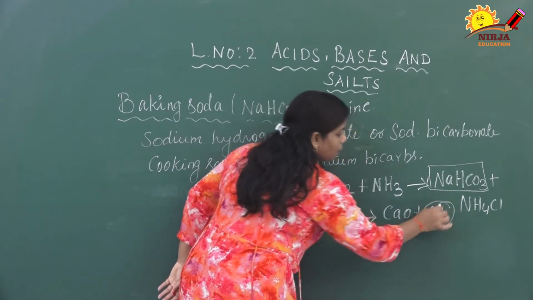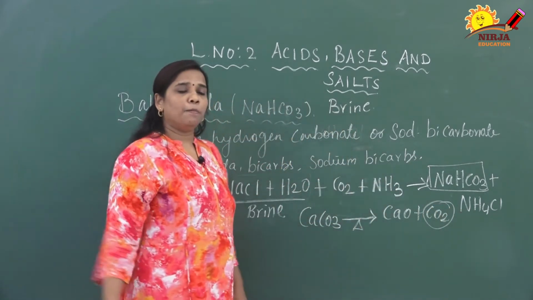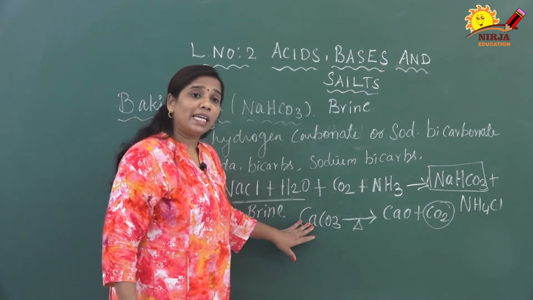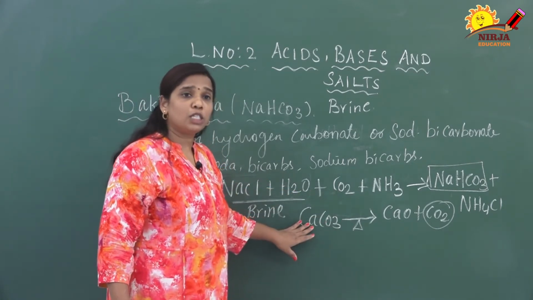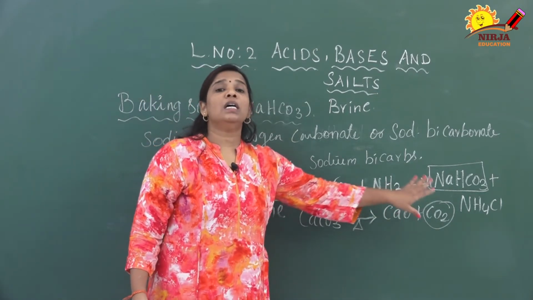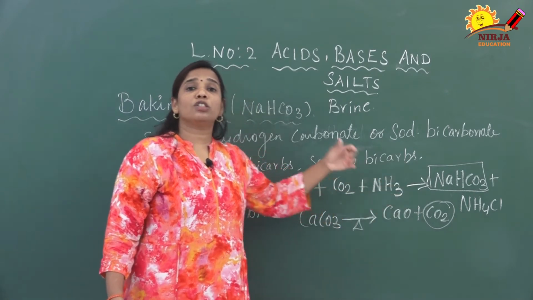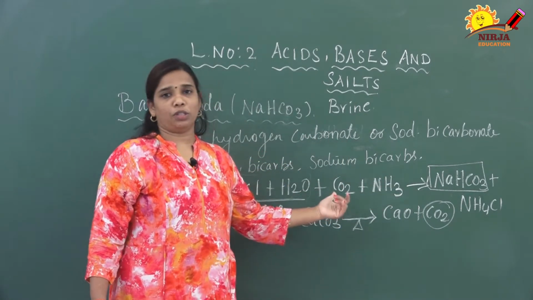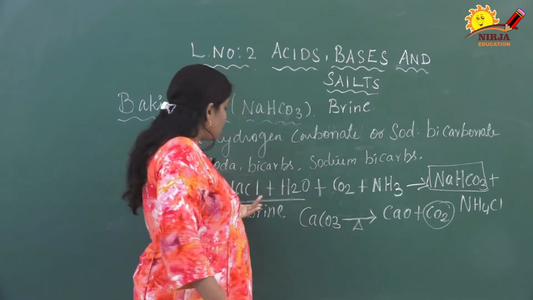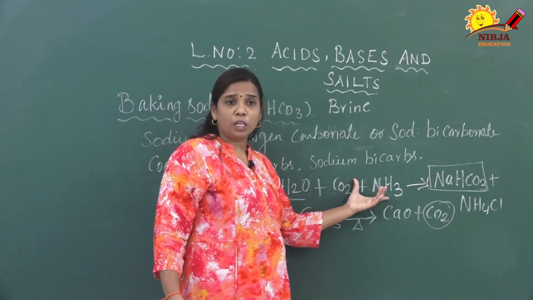So that carbon dioxide is used in the Solvay process. Next one is ammonia. Ammonia we use directly. So these are the reactants we use in this process.